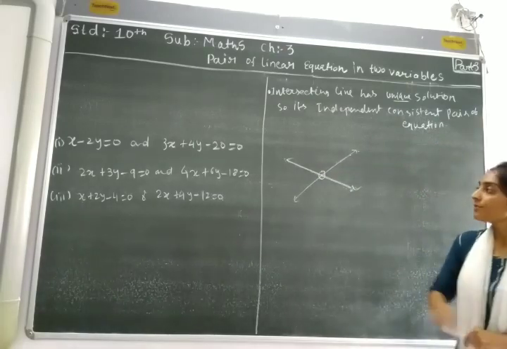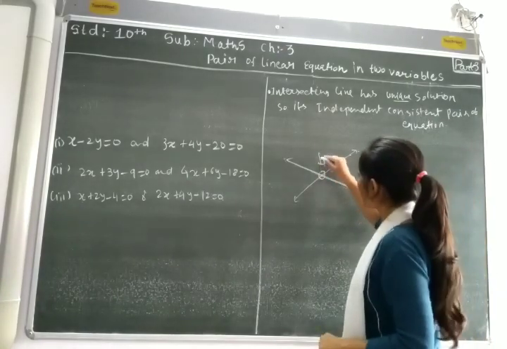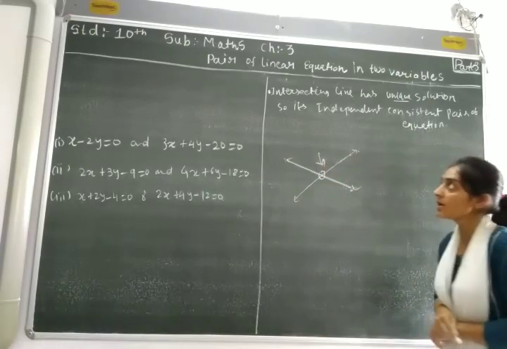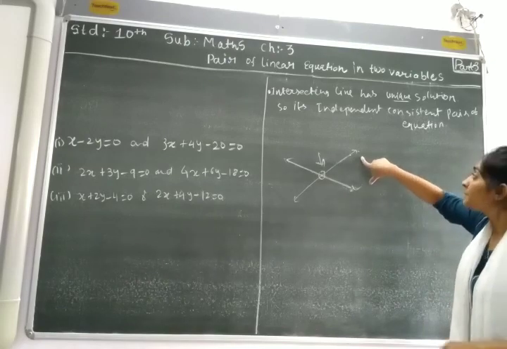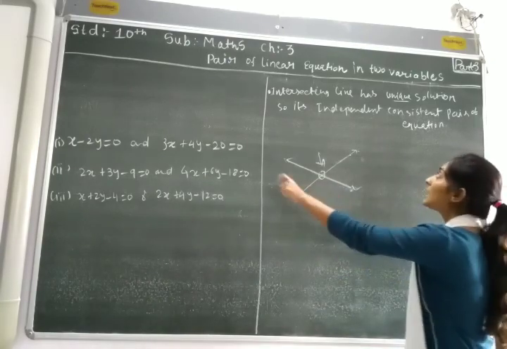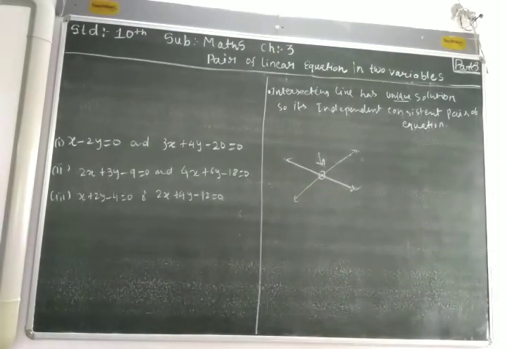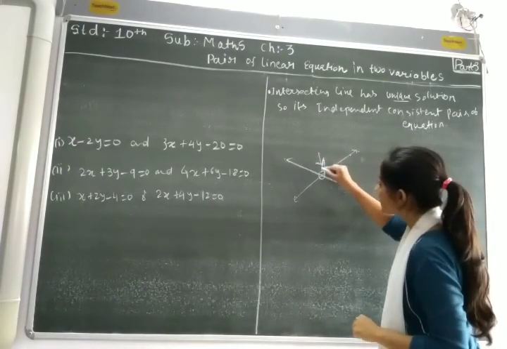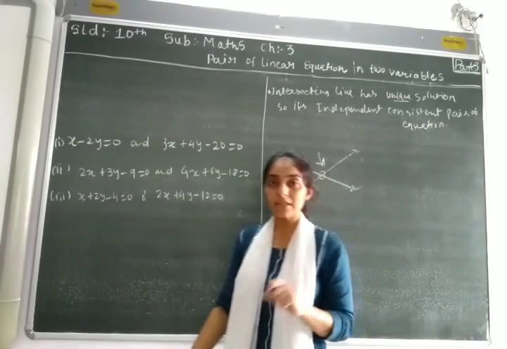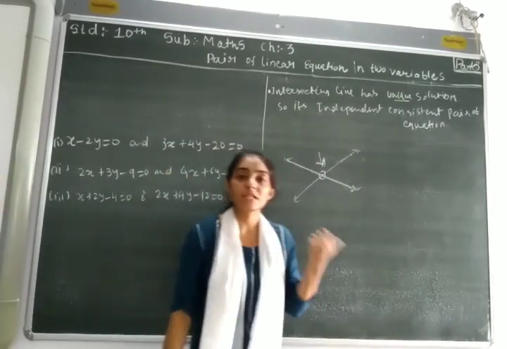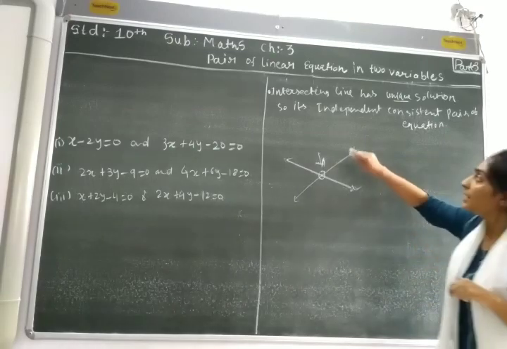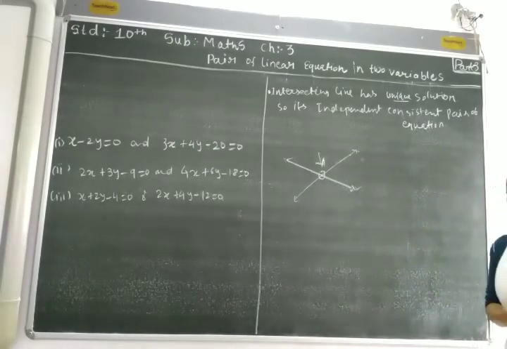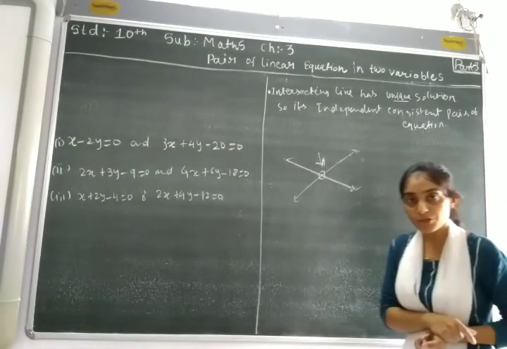It means we found one solution for that pair of equations. So these lines form an independent, consistent pair of equations. Consistent means it's not changing. So for intersecting lines, we can say there is a unique solution.